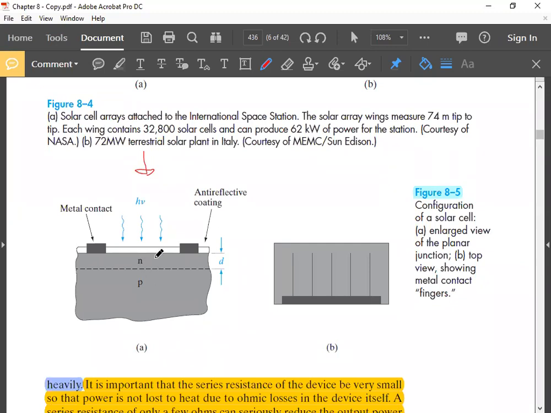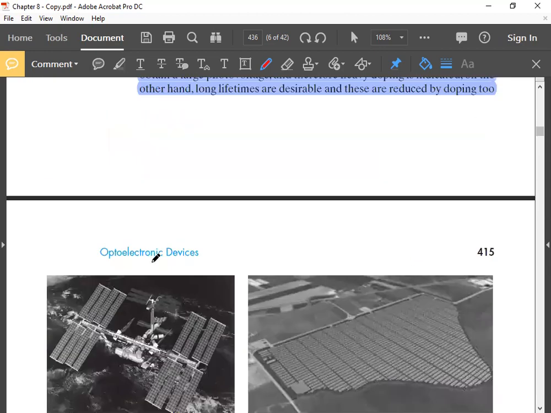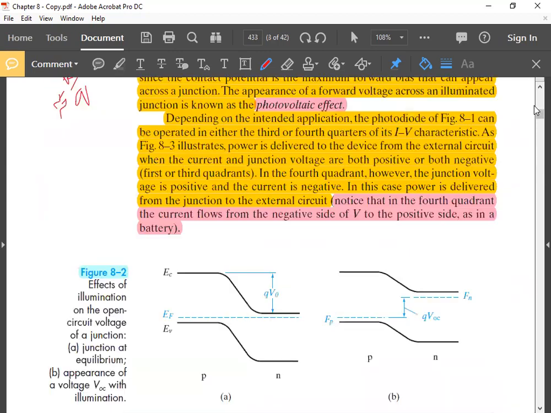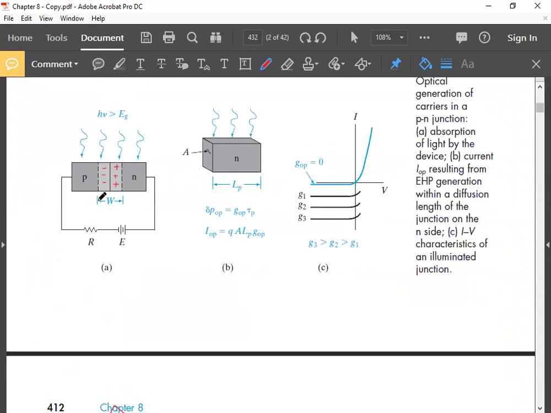For hole diffusion in the N material, the holes have to be created close to the junction, as I showed you in the first class on optoelectronic devices. There are three regions where the generated carriers are useful. One region is this W, one is within one electron diffusion length on the P side, and the other is within one hole diffusion length on the N side.